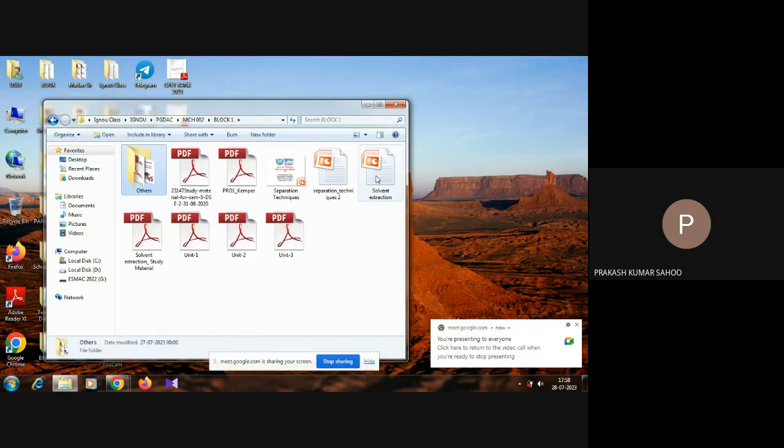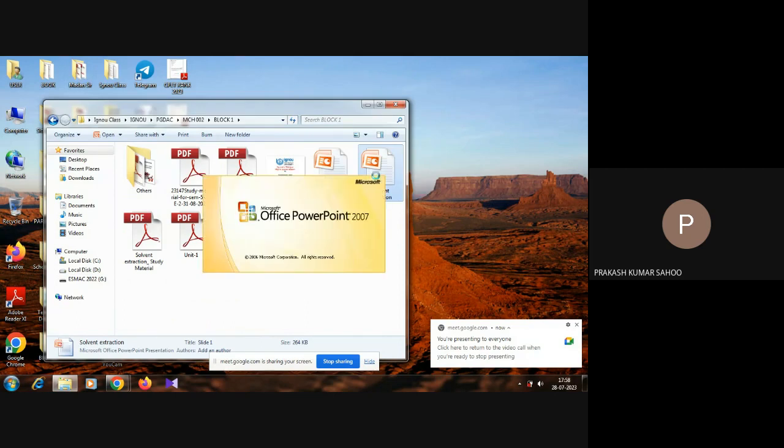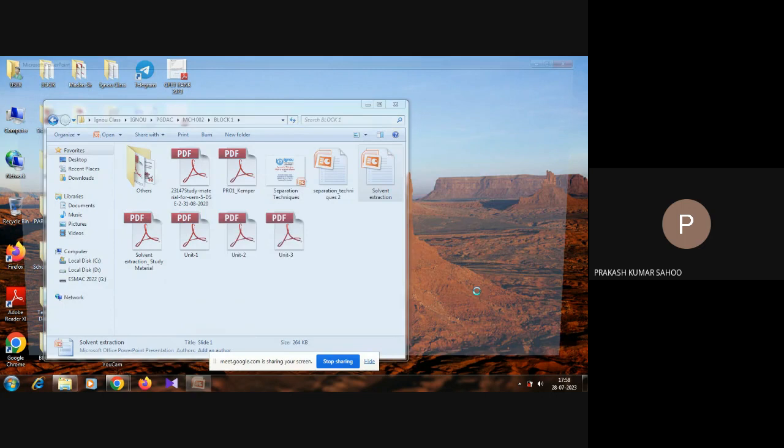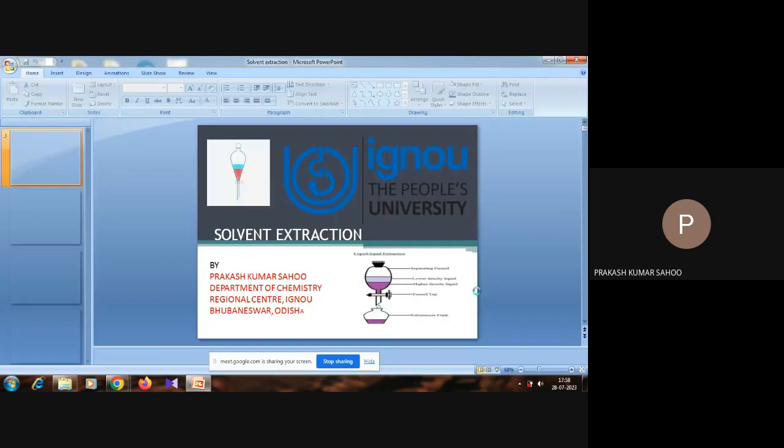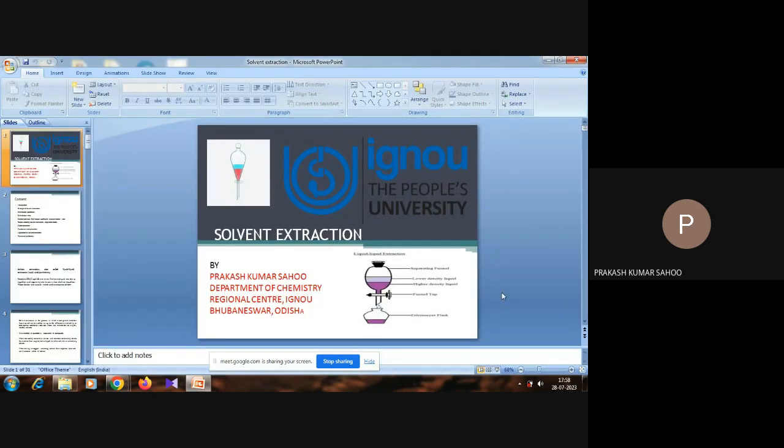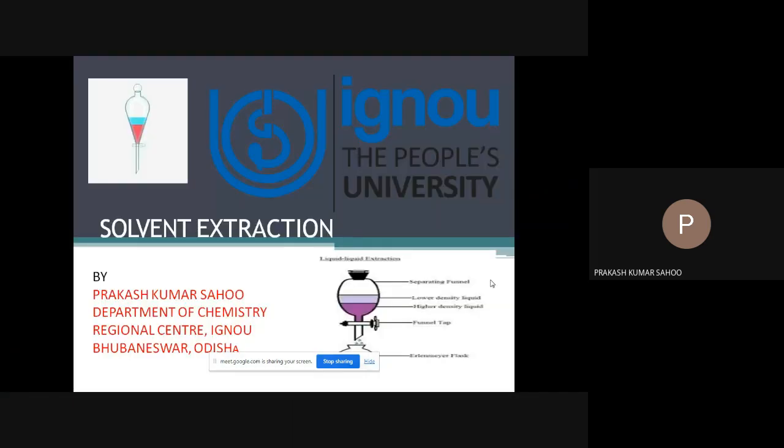We have the solvent extraction part. This is our unit 2.